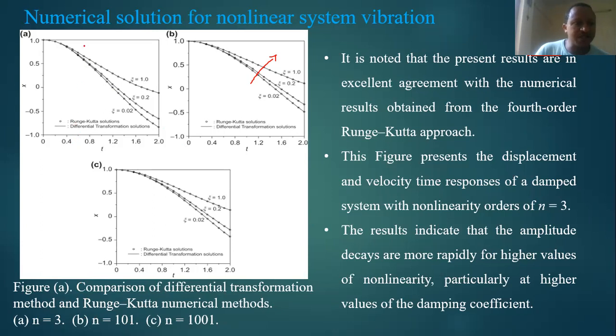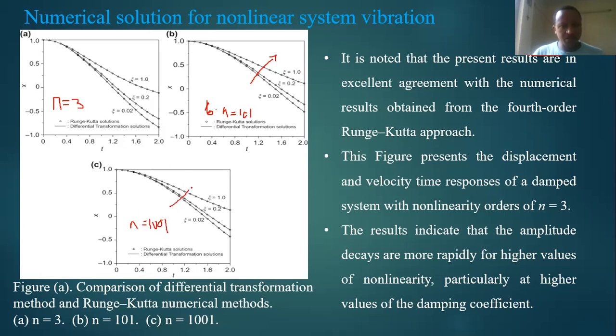One thing that we must understand is that A means n is equal to 3, B means n is equal to 101, and C means n is equal to 1001.